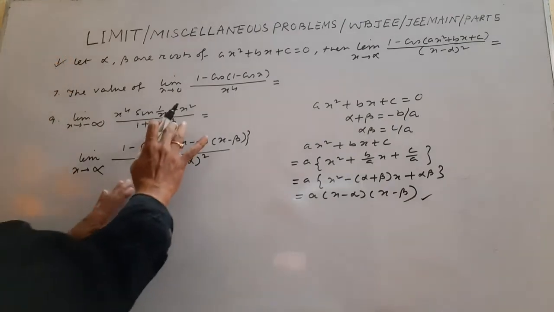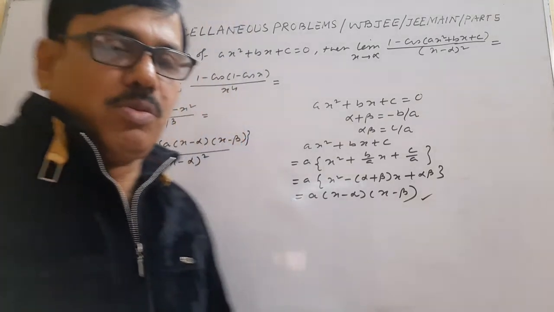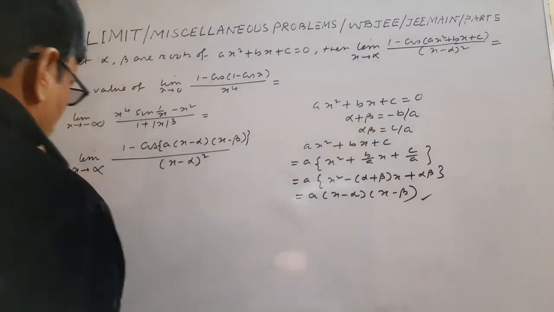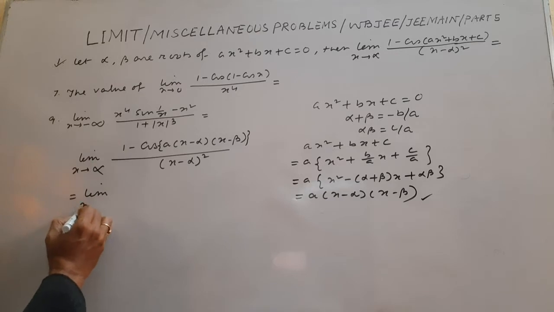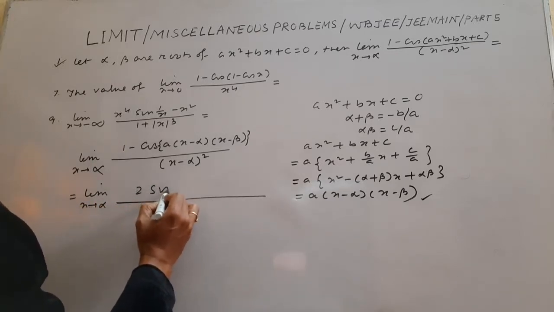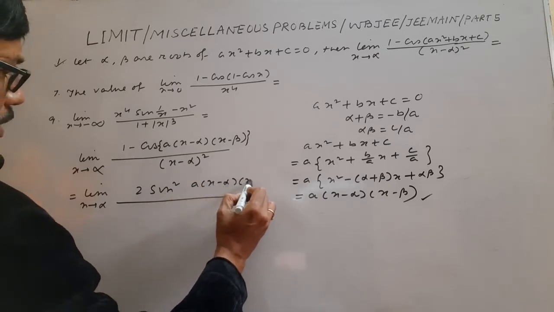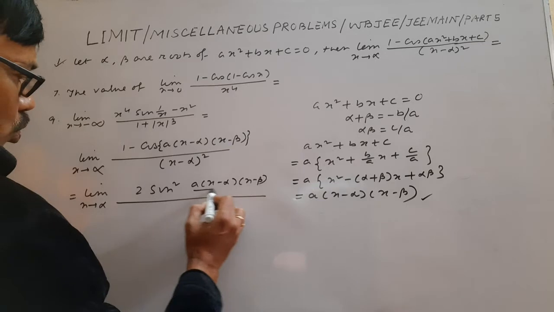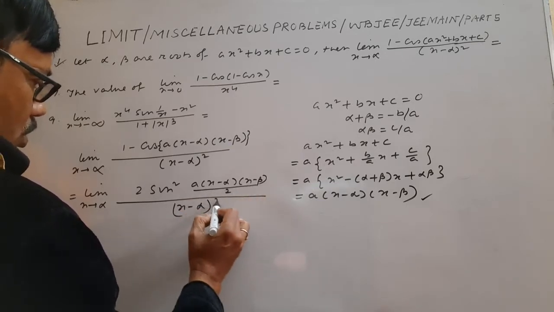Now we can use L'Hospital rule, but the argument is (x minus alpha) into (x minus beta), so try to avoid L'Hospital rule. So limit x tends to alpha of 2 sine square of a into (x minus alpha)(x minus beta) by 2, by (x minus alpha) whole square.